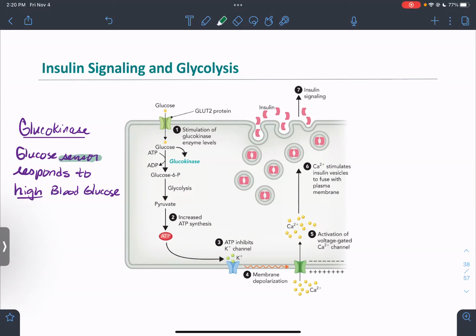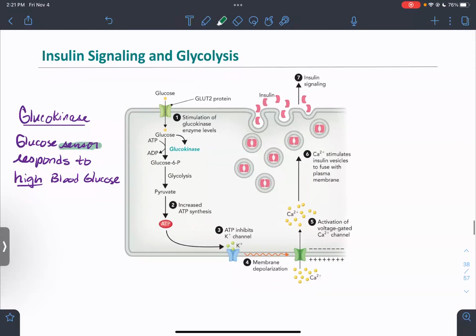It's the one that is going to have a low affinity for glucose. So it's only going to really respond if there's really, really high blood sugar levels or high blood glucose. So it's going to function as that sensor by inducing insulin release only when you have high blood sugar levels, right? It does the same job as hexokinase. The difference is the affinity and that it's not inhibited by the product, which is really kind of important.